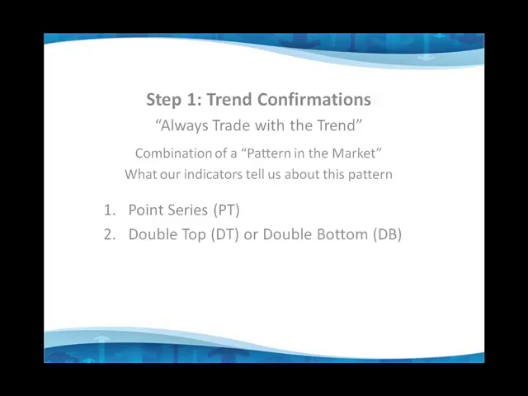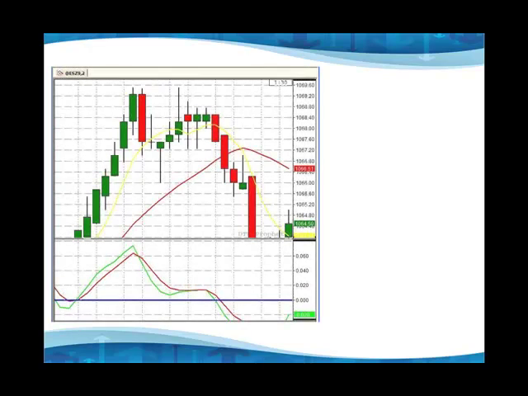The second one we teach is called a double top or a double bottom. We abbreviate them DT and DB. So again, here's another example in the market. What we're going to look for is a reversal pattern where 2 points hit the exact same price level right here.